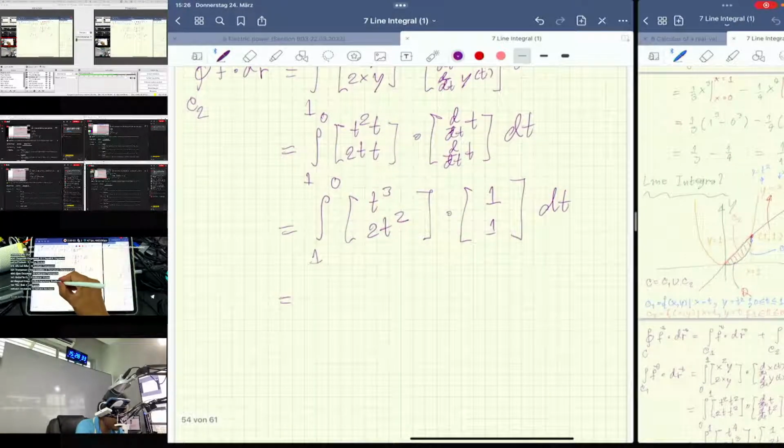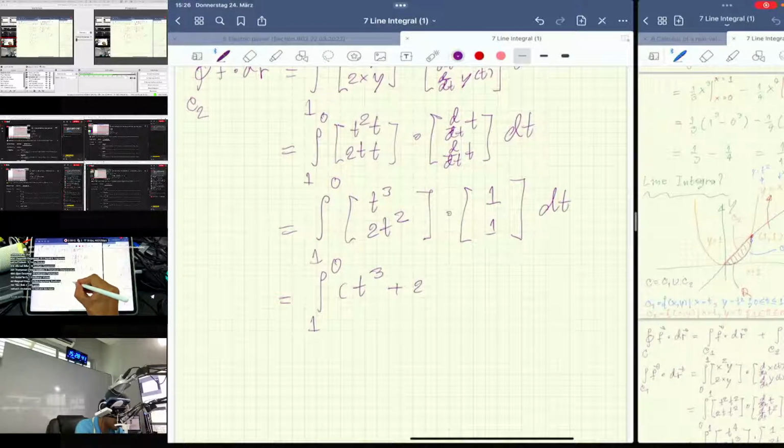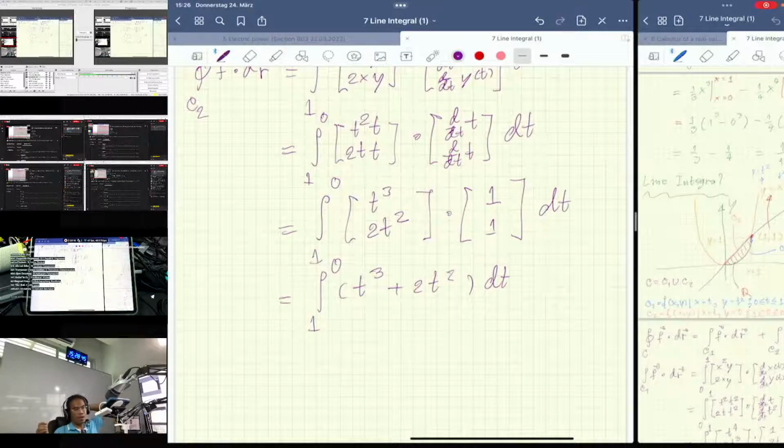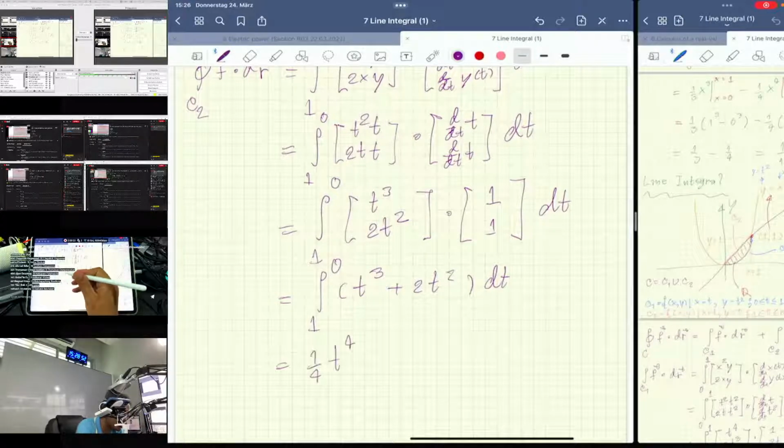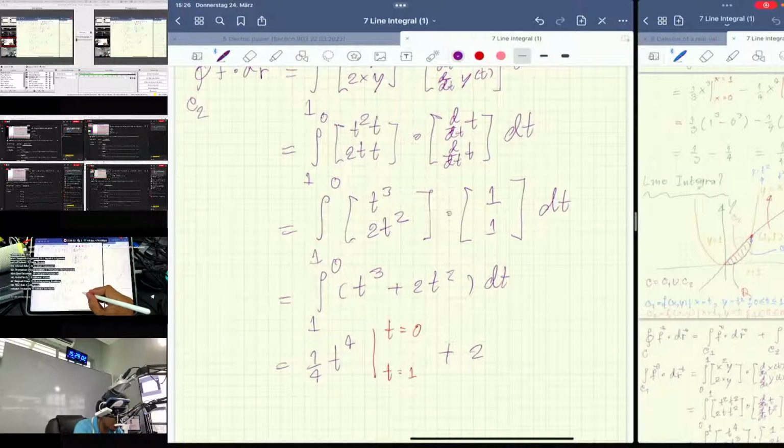The dot product will be t to the 3 plus 2t squared, dt. And of course it's going to be 1 by 4 t to the 4, once your t is from 1 to 0, plus 2 and 1 by 3 t cubed.